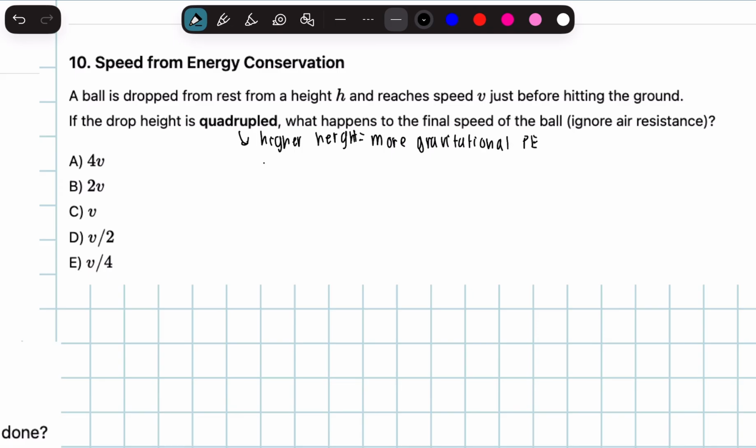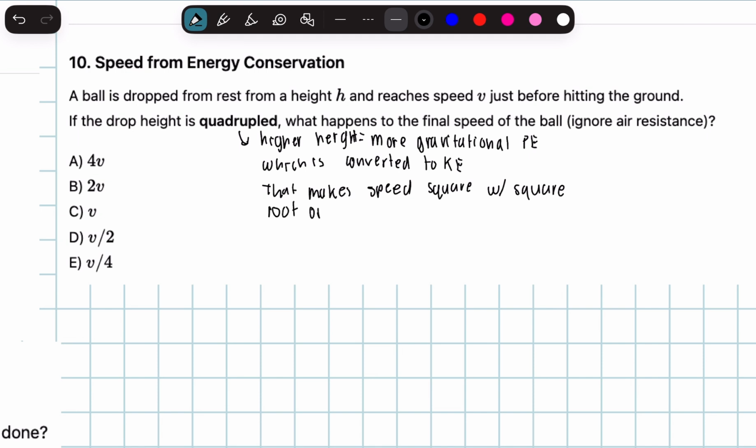And that is converted to kinetic energy. So that makes speed scale with the square root of height.